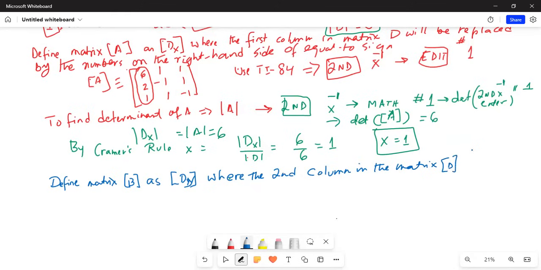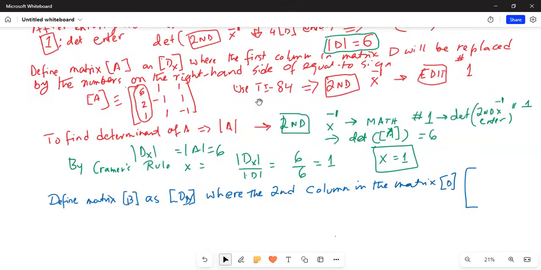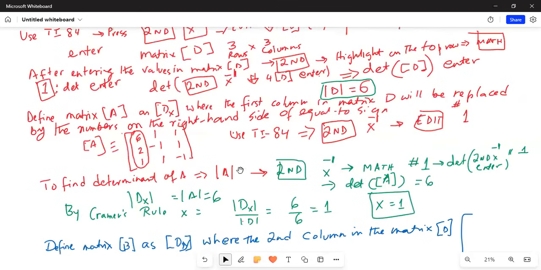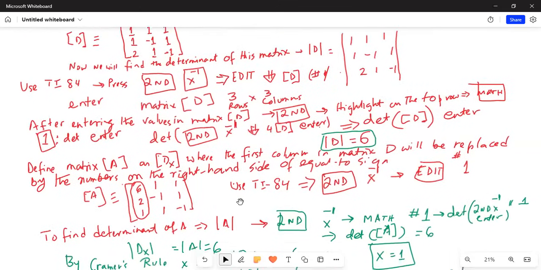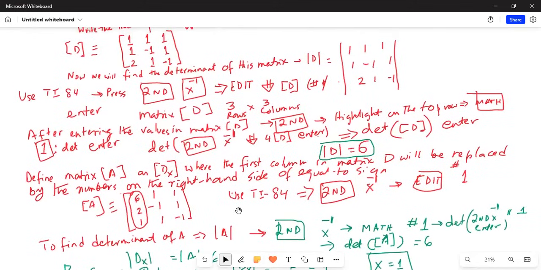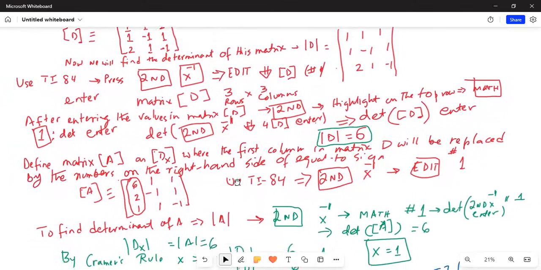If you remember, what is matrix D? I will just write it down. Is 1, 1, 1, 1, minus 1, 1, 2, 1, minus 1.